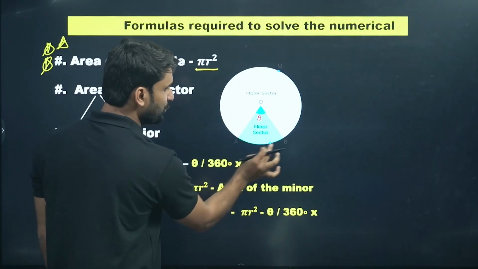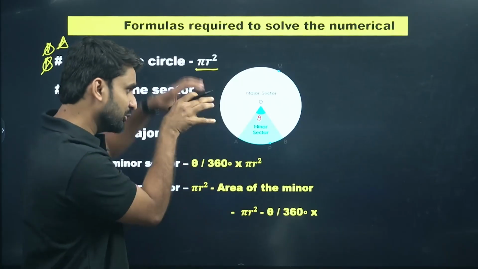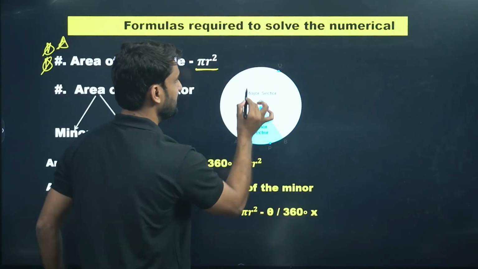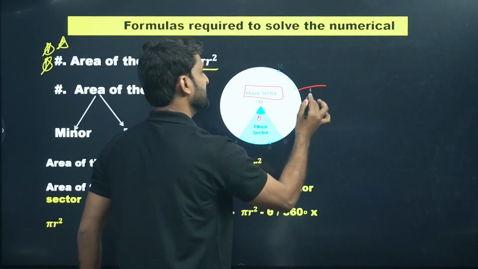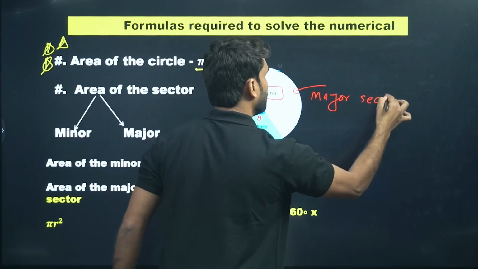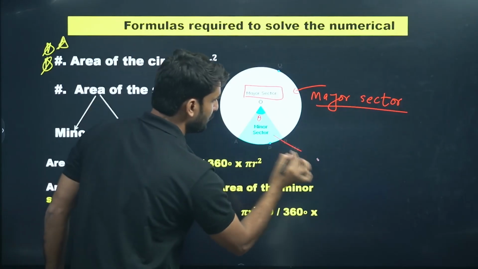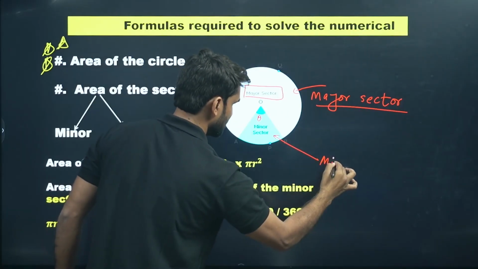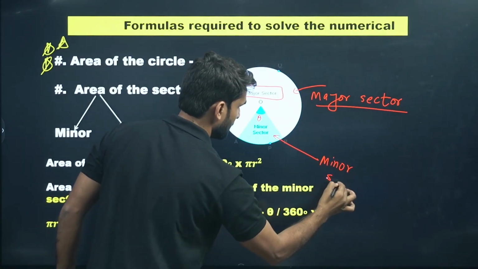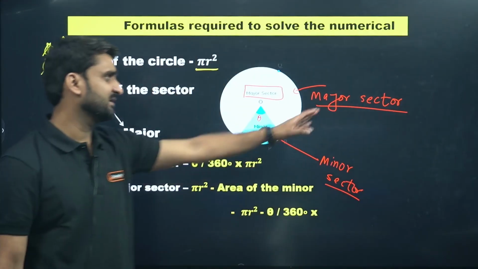So this blue portion is the minor sector because a smaller part is there, and the remaining part is the major sector. The white portion is the major sector, and the blue portion is the minor sector, as you can see on the screen. The smaller sector is the minor sector, the larger sector is the major sector.